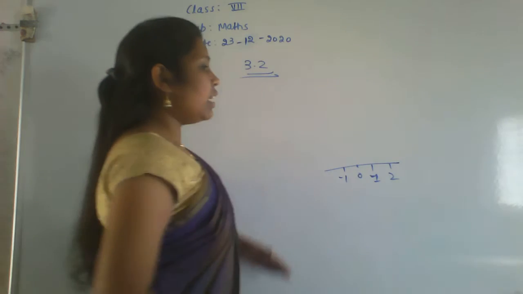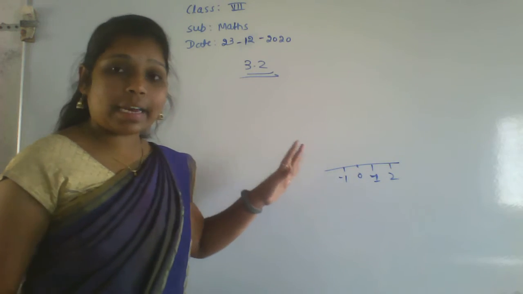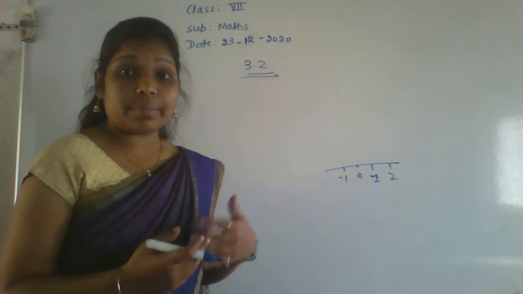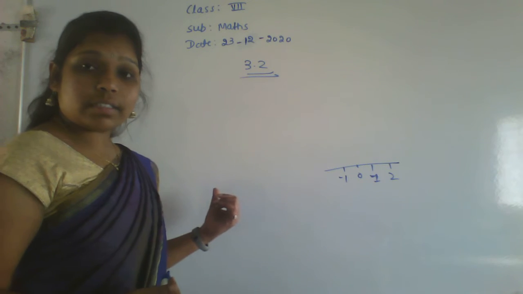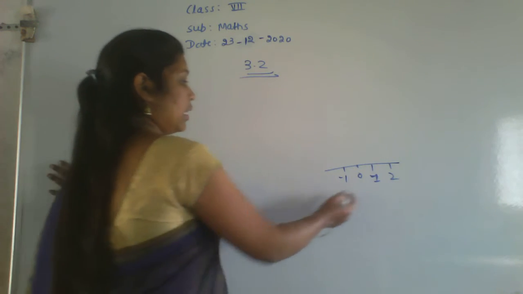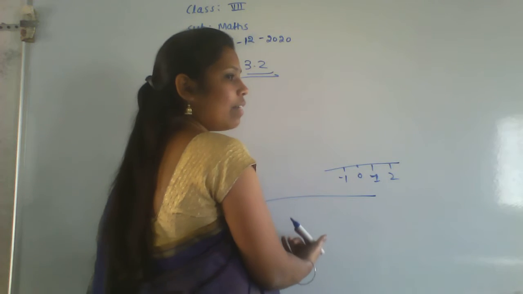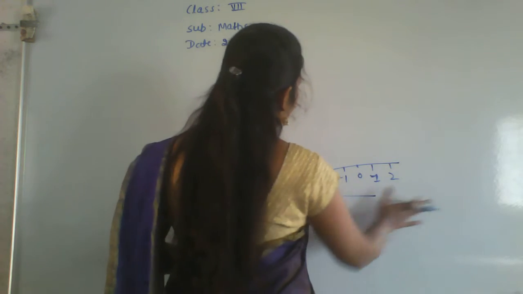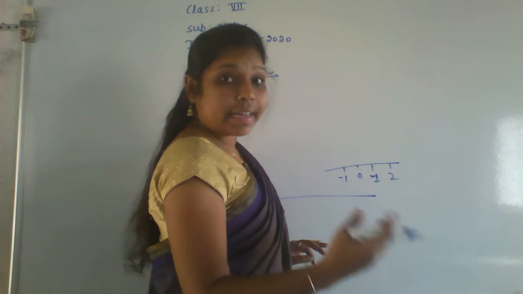Whenever you go to the left side, the values decrease. If you go to the right side, then all the values increase, and it is a greater value.